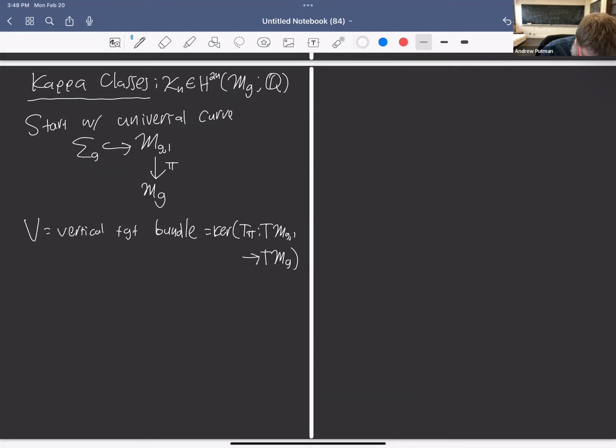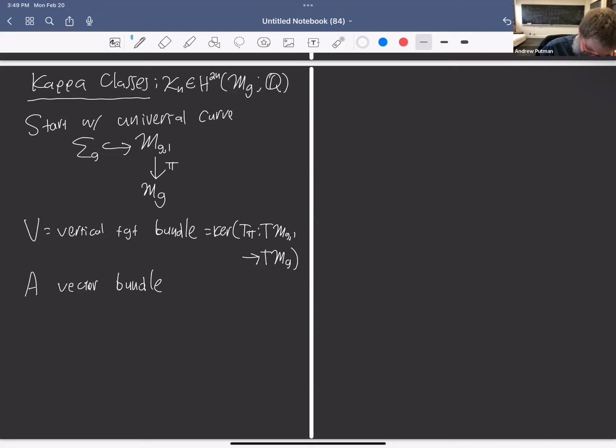So this is a vector bundle. Sorry, my brain shuts off if I'm not careful there. So this right here is a sub bundle of the tangent bundle over MG1, right?